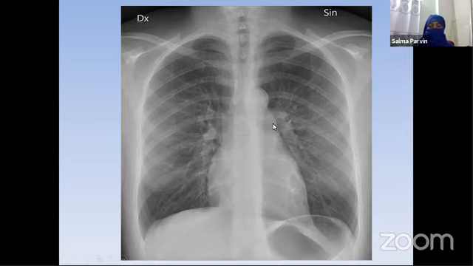About the zone division, you know that the upper zone, mid zone, and lower zones are divided by the lower ribs of the second, fourth, and sixth ribs.